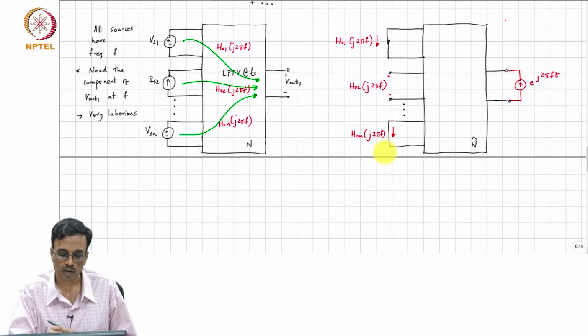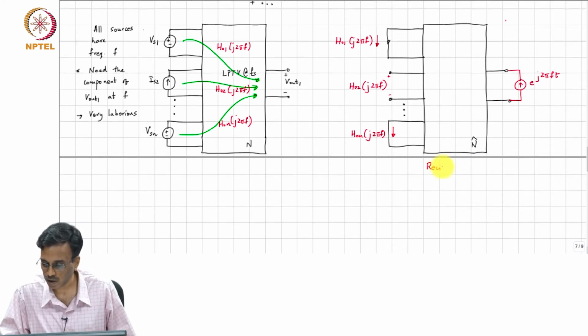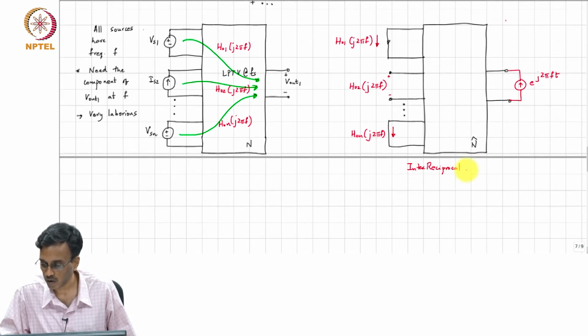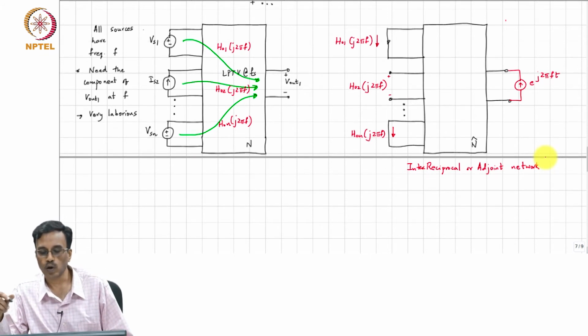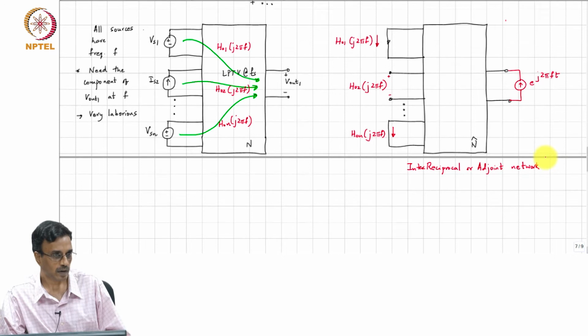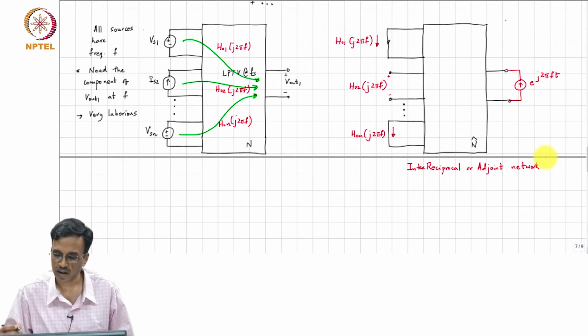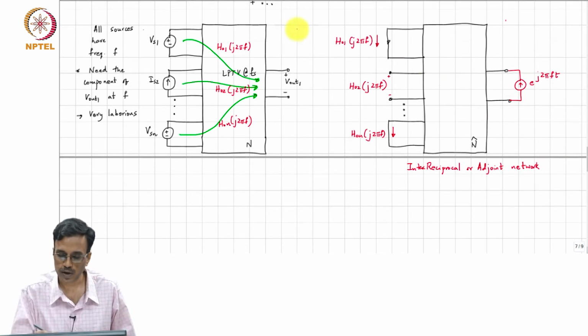So, this is the reciprocal or inter-reciprocal, I must say, or equivalently the adjoint network. You excite the output port of the adjoint, right, after following all the elementary placement rules, and in one shot you are able to get all the transfer functions.